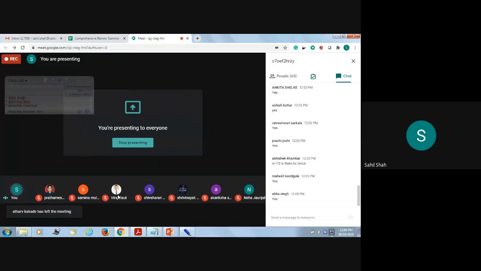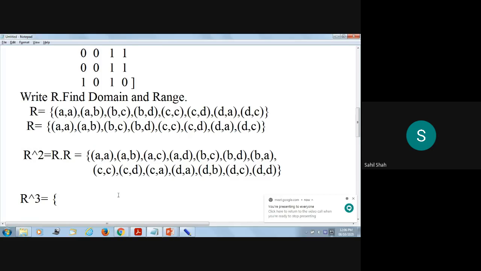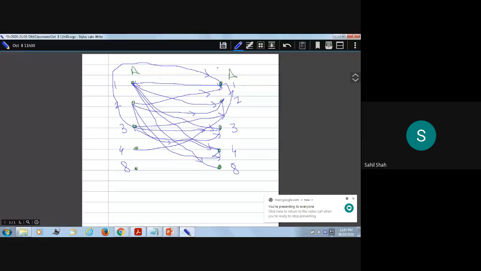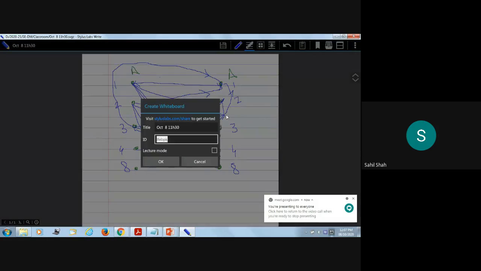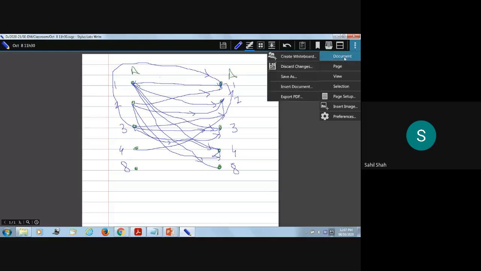We have a whole lot of examples. People are leaving and again joining. So all are computing, but in the time you compute, I will have something drawn over here.